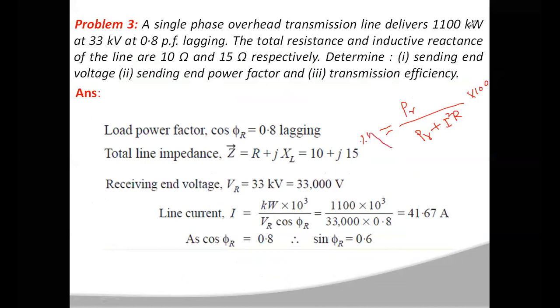You know the PR value, which is 1100 kilowatts, and the I value is 41.67 amperes, and the resistance value is 10 ohms. If you use this formula, you will get the percentage of efficiency also.